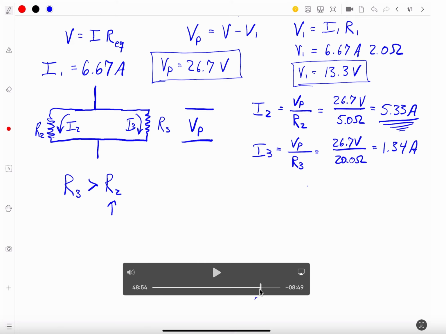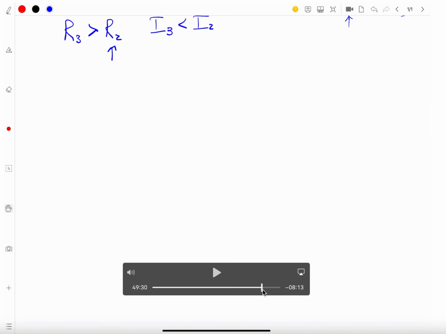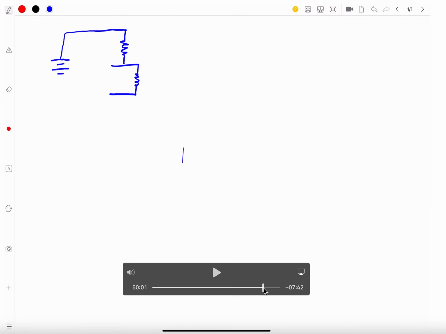In fact, just about 4 times as much goes through R2 as through R3. I think you guys get it. So I3 has to be less than I2 when R3 is greater than R2. Our answers make sense, and we can move on.